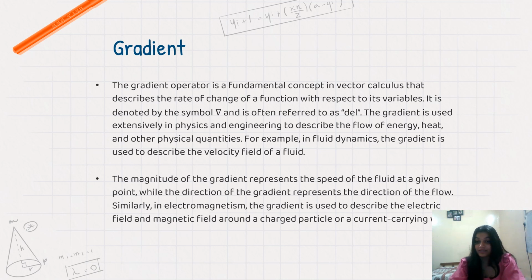For example, in fluid dynamics, the gradient is used to describe the velocity of a fluid. The magnitude of the gradient represents the speed of the fluid at a given point, while the direction of the gradient represents the direction of the flow. Similarly, in electromagnetism, the gradient is used to describe the electric field and magnetic field around a charged particle or a current carrying wire.